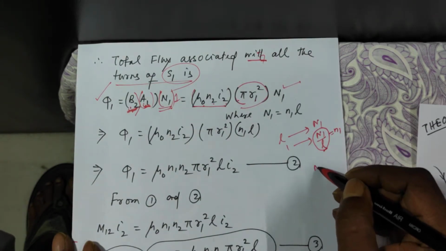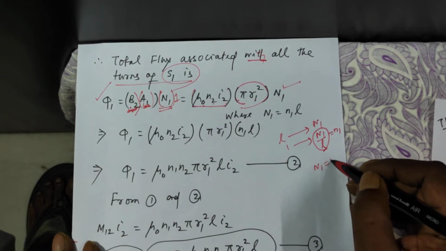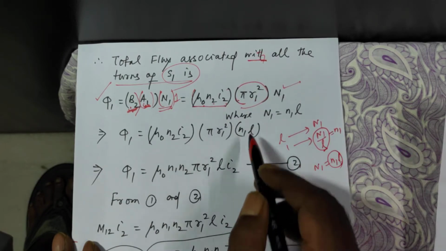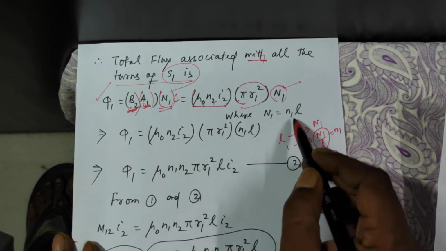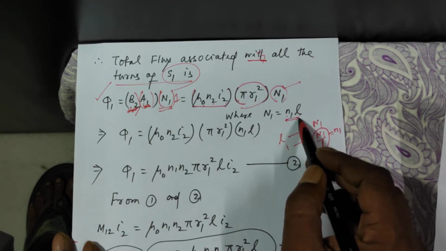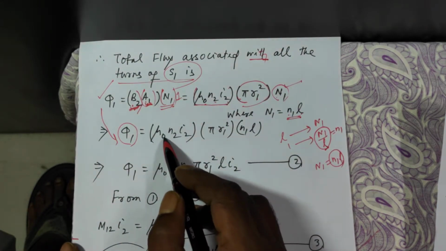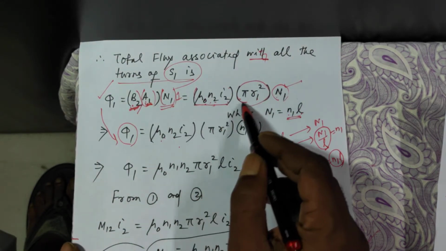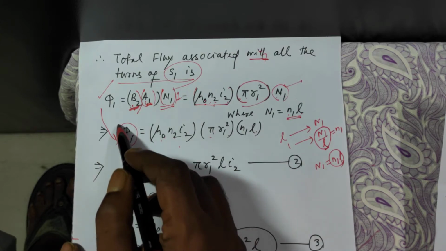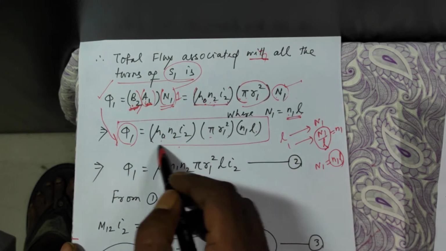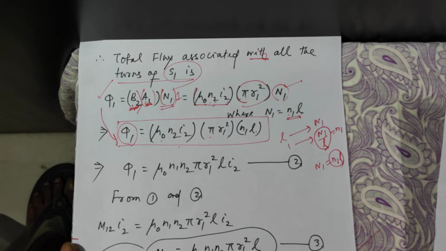So from this, N1 will be small n1 into L. So for N1, I put small n1 into L. So this becomes phi 1 is equal to mu naught into I2 pi R1 square n1 L. So this is the phi 1, right?